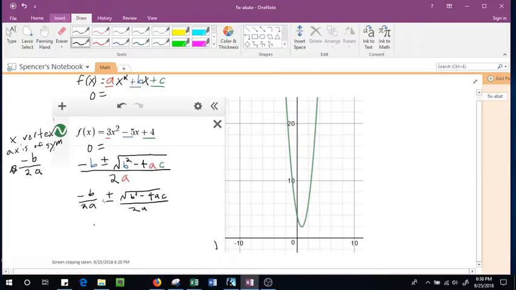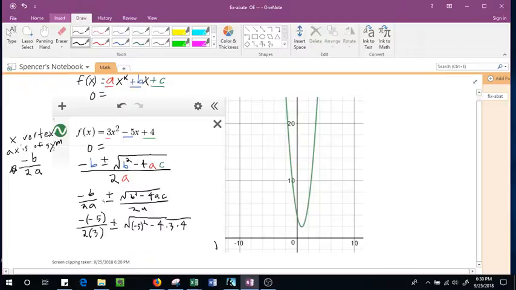So b is going to be, looks like negative 5. So a negative negative 5, right? When we plug this value in, this negative does not go away. Over 2 plus or minus the square root of b squared. We had, what, negative 5 squared minus 4 times a, which was 3, times c, which was 4.